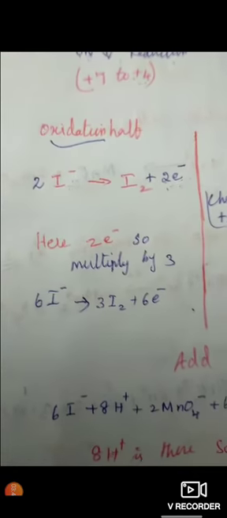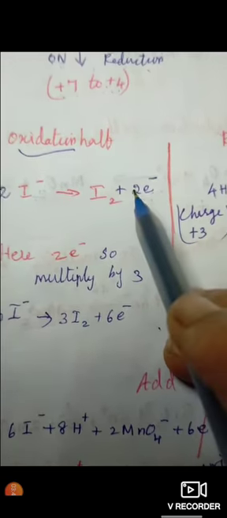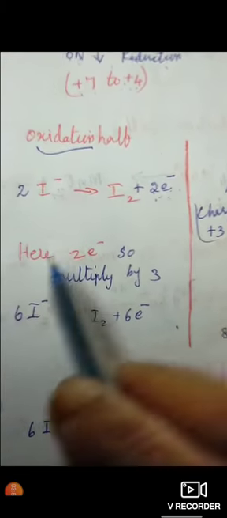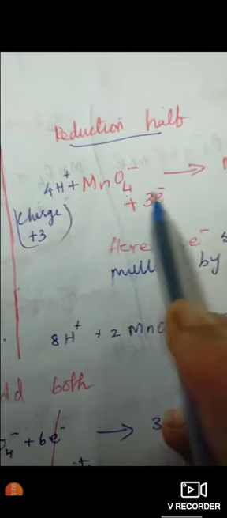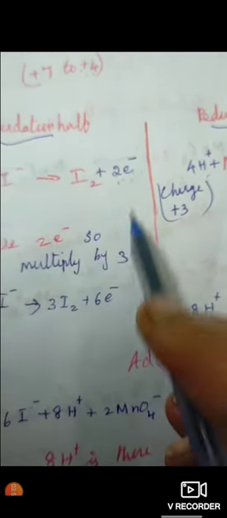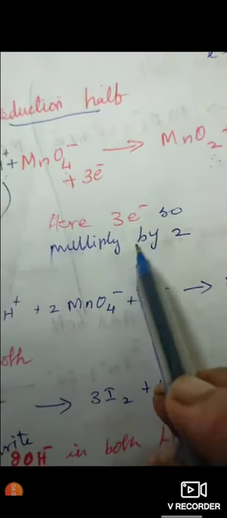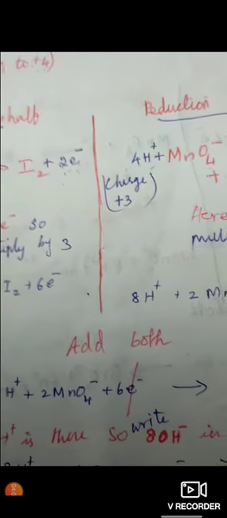Now here plus 3 is there, here plus 2 is there. So in this, 2 electrons are there, here 3 electrons are there. So we have to multiply this equation by 3 and this equation by 2. So oxidation equation by 3 and reduction equation by 2.